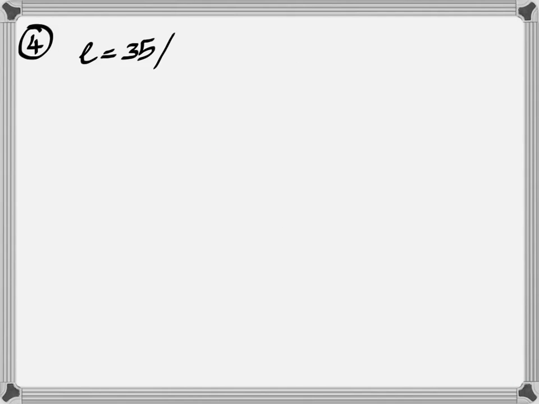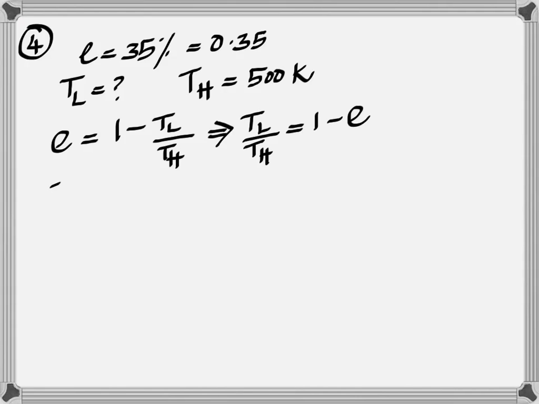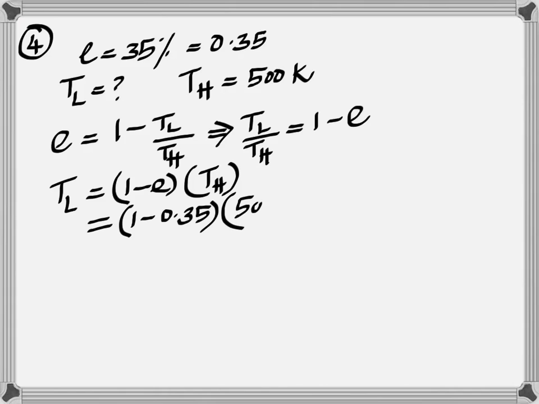And number 4, it's a direct question, but efficiency must be taken as a decimal, so it's 0.35. Rearrange and calculate the temperature of the cold reservoir. (325 Kelvin).